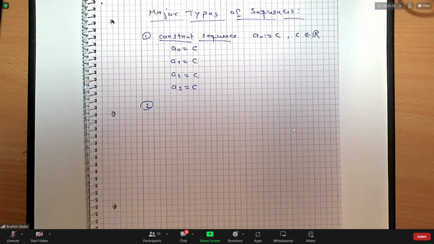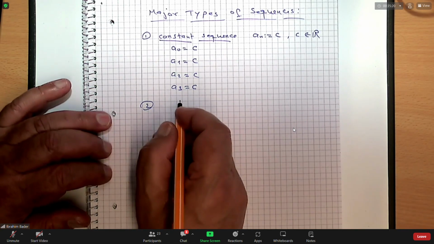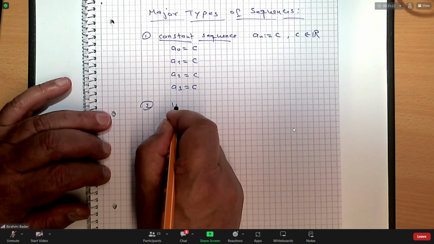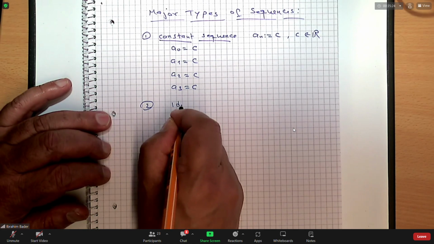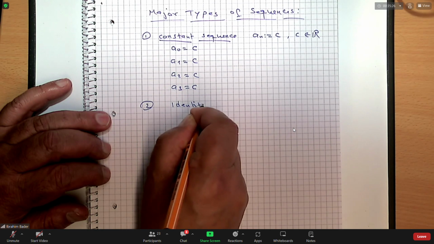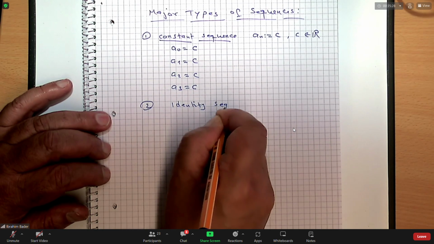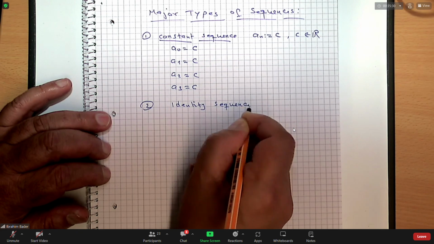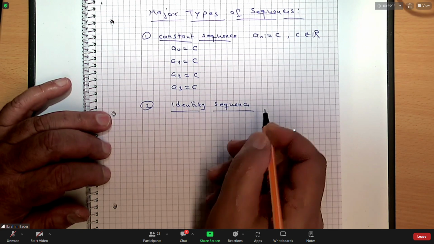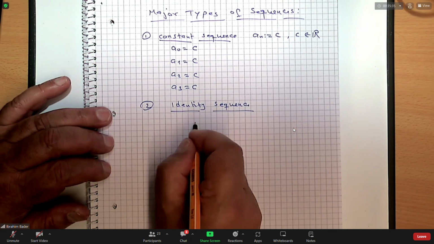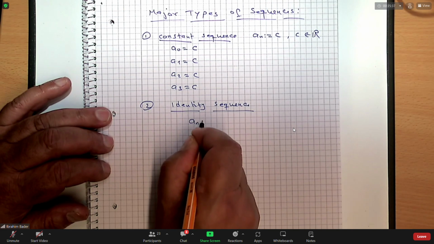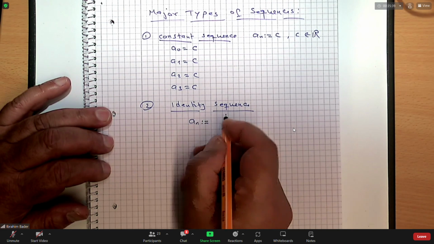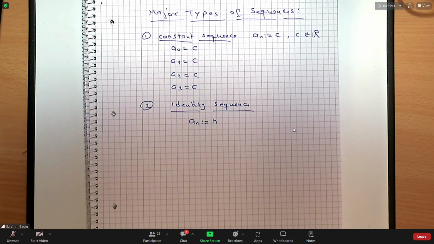The second type, which is also almost trivial, is the identity sequence. It is defined as a sub n equals just n.